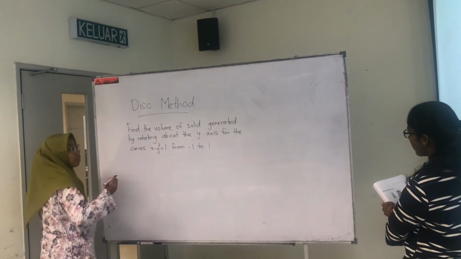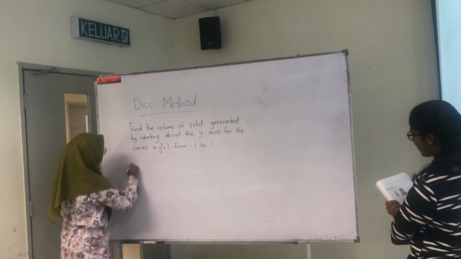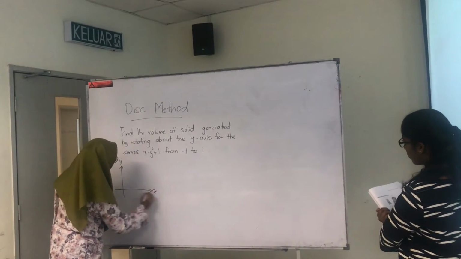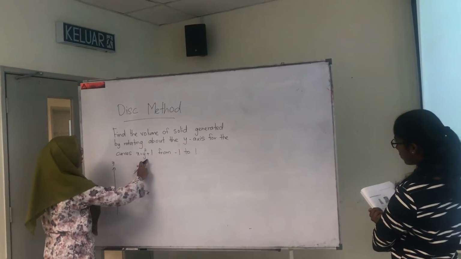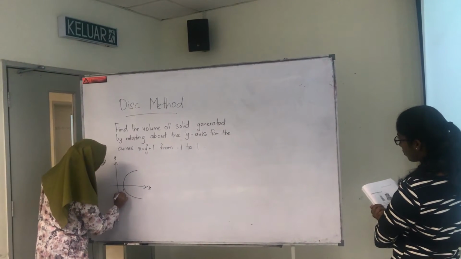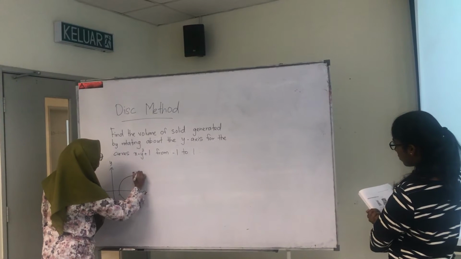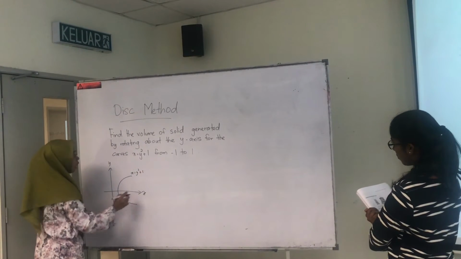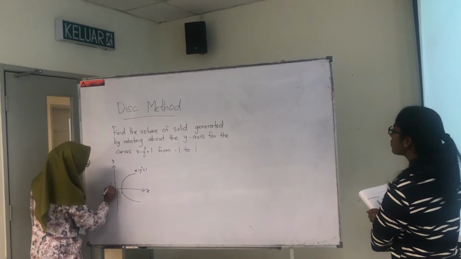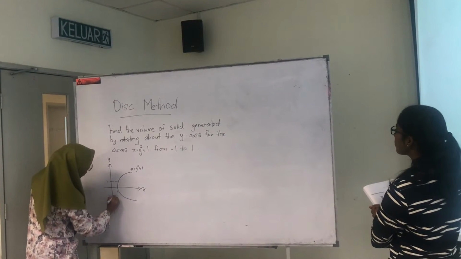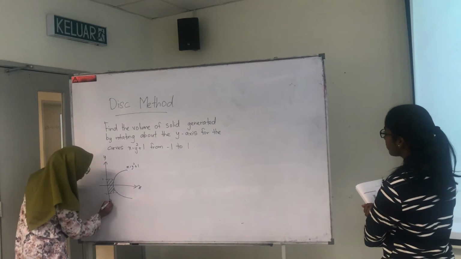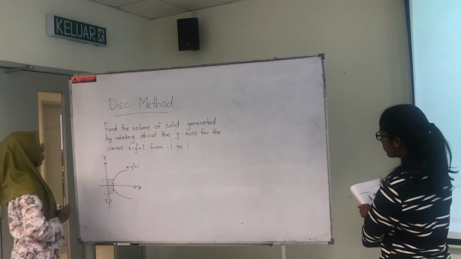For this question, firstly, we are going to sketch the graph. Since this is y squared plus 1, it's going to be like this. This is x equals y squared plus 1. And the limit is from negative 1 to 1. So this is going to be the region rotating about the y-axis.